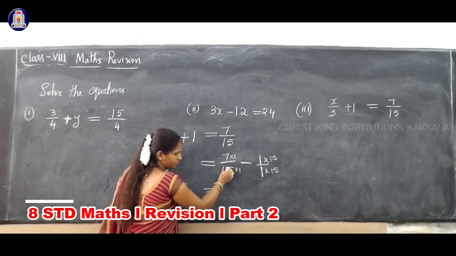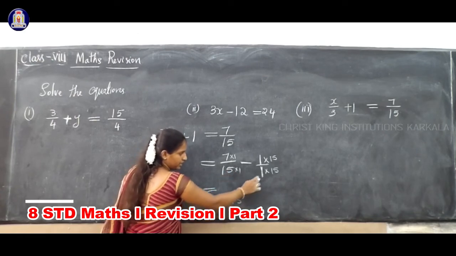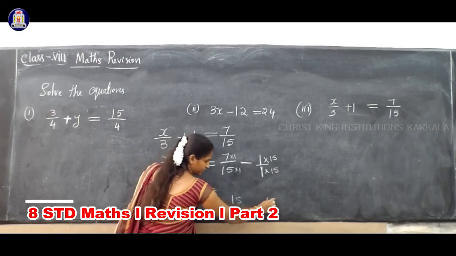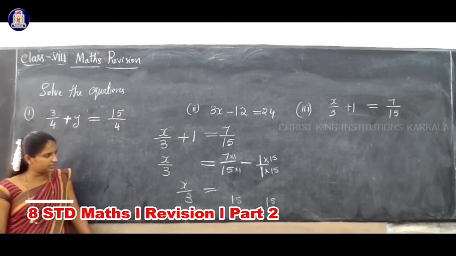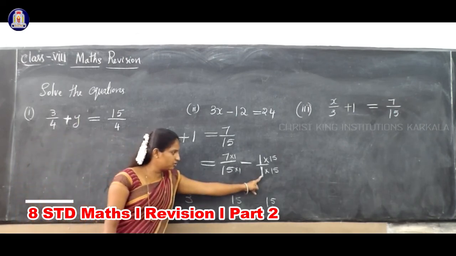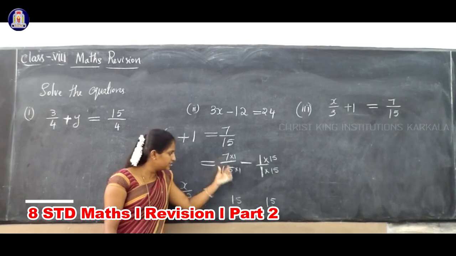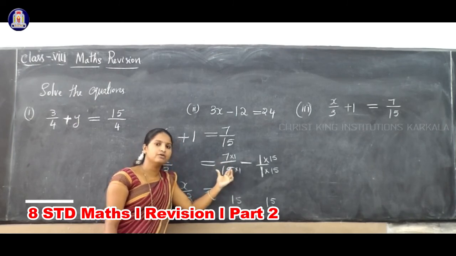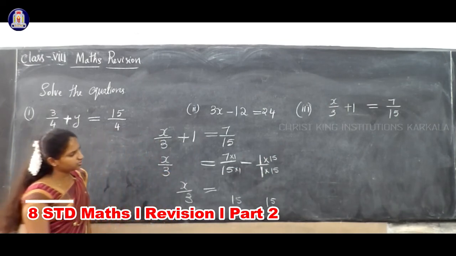See, just see the denominator. So the denominator here is 15 into 1, 15, and 1 into 15, 15. So after multiplying we get the same denominator, isn't it? So what we did, we multiplied this denominator to both numerator and denominator, and this denominator, that means 15, into both numerator and denominator.